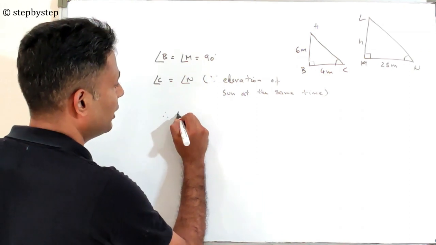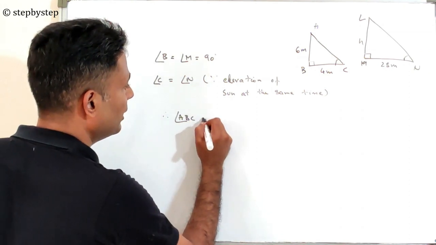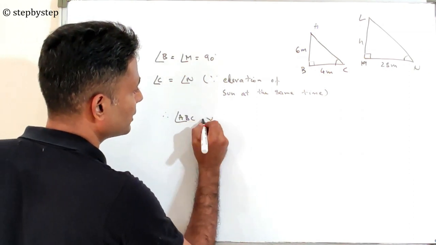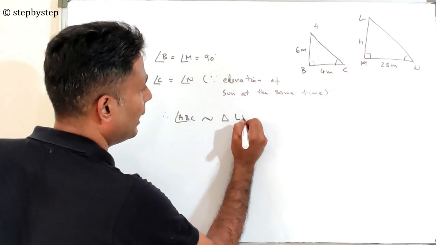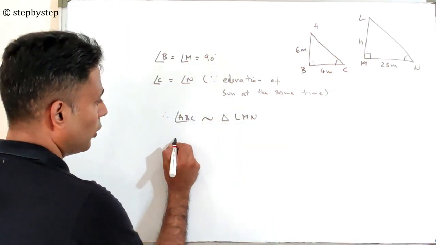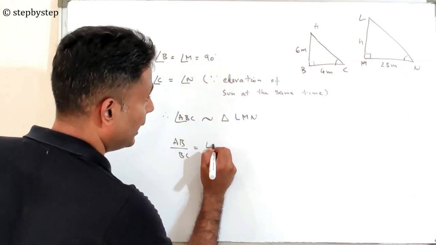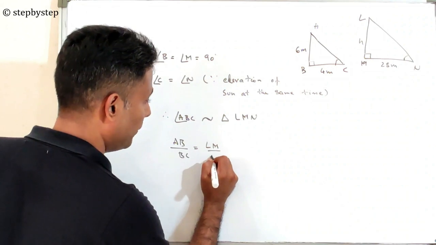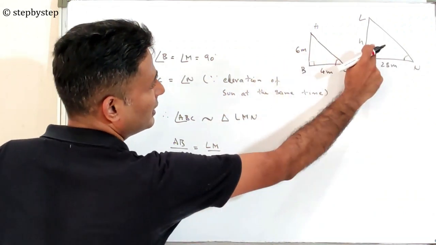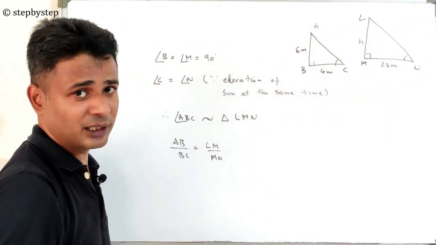So therefore triangle ABC similar to triangle LMN, which means what? AB by BC is equal to LM by MN. This by this will be equal to this by this, ratio of corresponding parts.